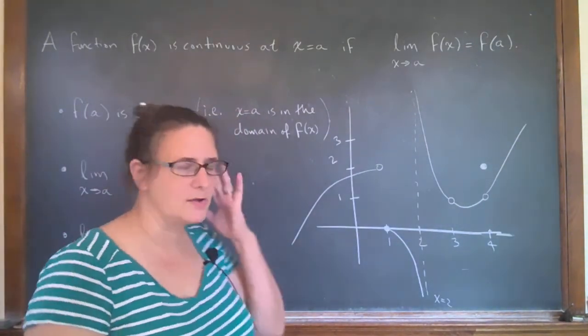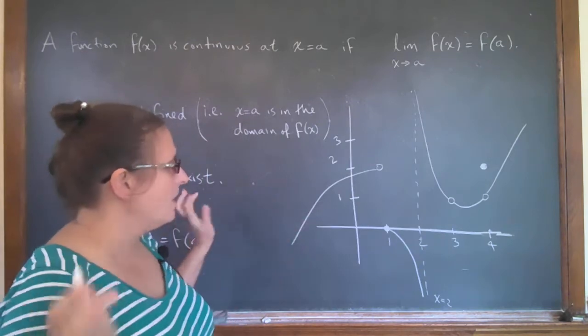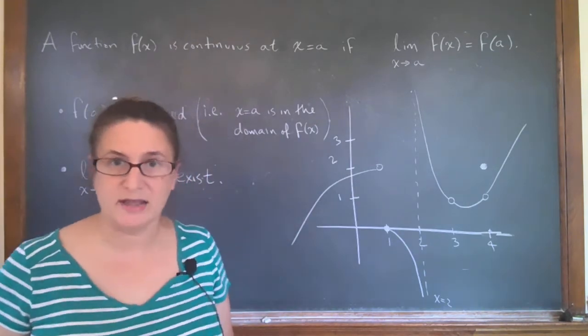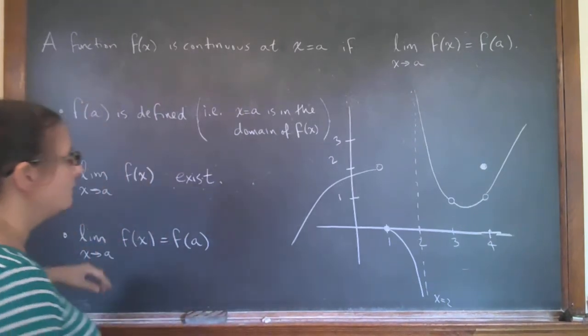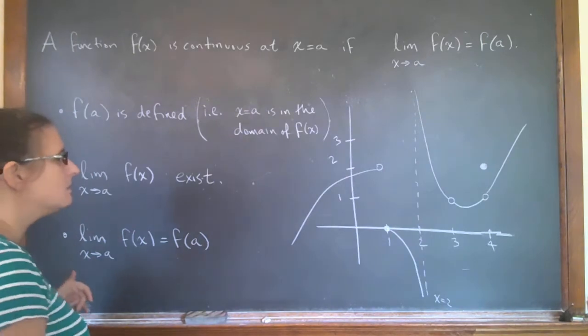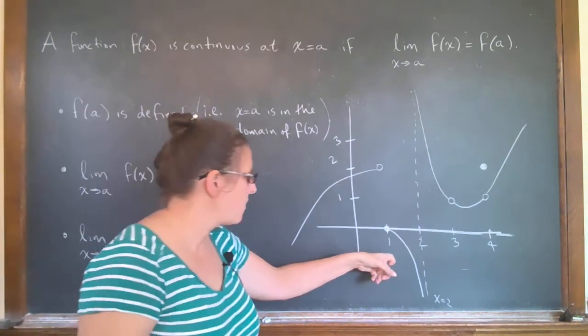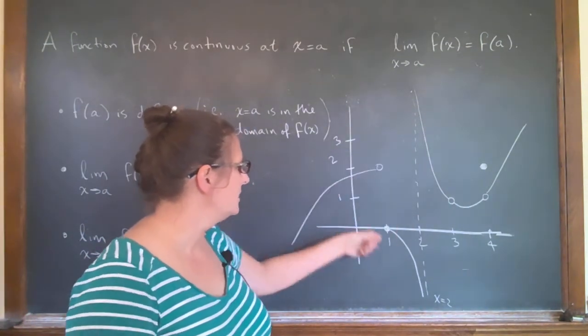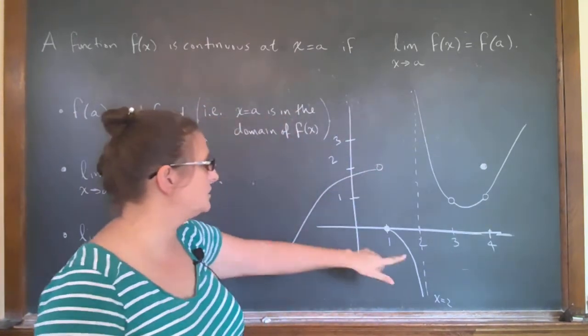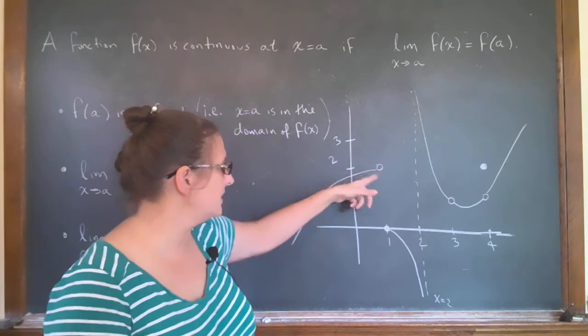There's an example. This is all the simple things that could go wrong with this definition. We'll start here. Here, the limit doesn't exist, because I've got a jump. The left-hand limit is 2.